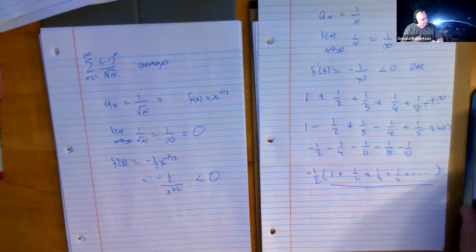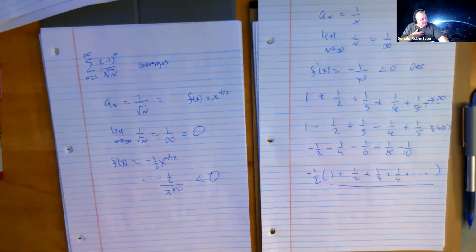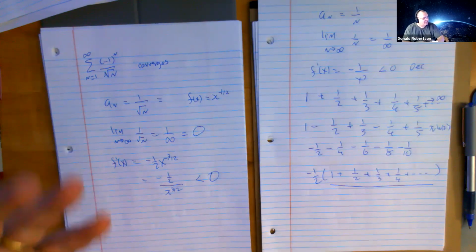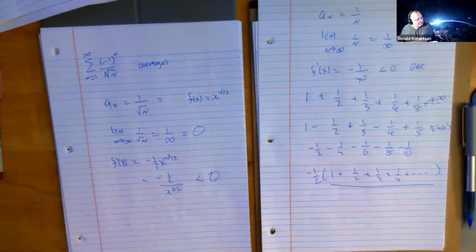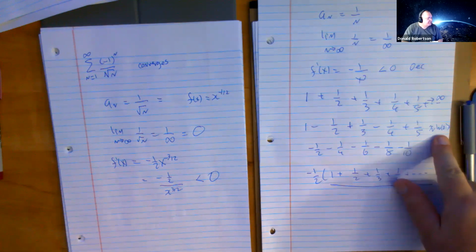And doesn't it make a little bit more sense now that it managed to kill it off? Because two halves make a whole, but if you've got one plus half and one negative half, aren't they essentially killing each other as they travel to infinity? And there's a little bit left over, right? There's a little bit more on one side than the other, and the little bit that's left over adds up to log 2.